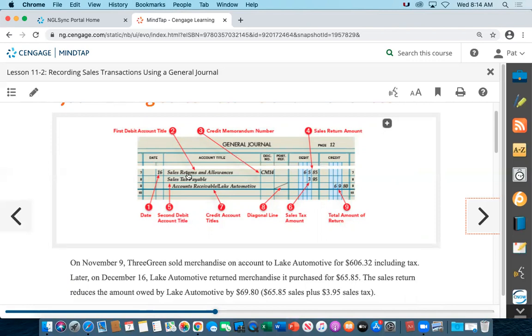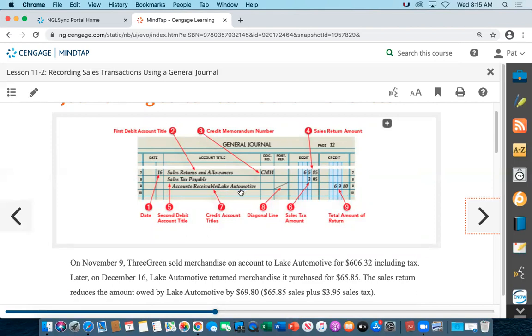We don't lower sales because we did make the sale. We want to keep track of how much is being returned. So we debit the contra account to sales, sales returns and allowances, for the sale. We debit sales tax payable to lower sales tax payable. And the credit memorandum signifies accounts receivable getting smaller.